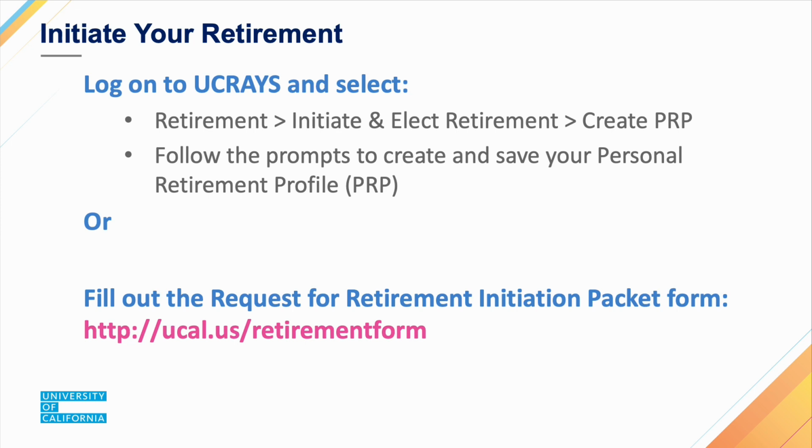But the form itself to manually initiate the process is available on UCNet. So ucal.us/retirementform. But also, if you just go to the UCNet website and do a search for retirement initiation packet, you'll be able to access that form as well.